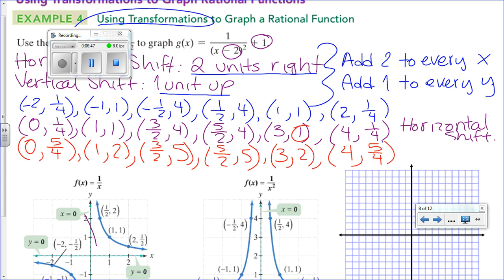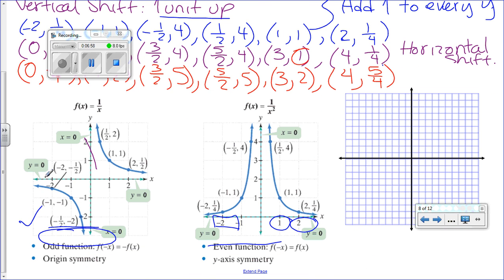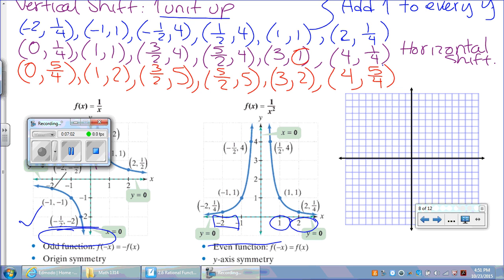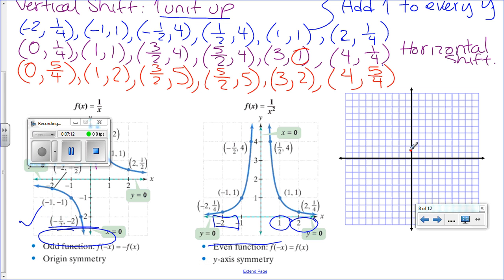Now, based on that transformation, remember we do have two transformations, a horizontal shift of 2 units to the right, and a vertical shift of 1 unit up. So based on that, I'm going to go ahead and plot my points, and that will give me the transform function. So we start with 0, 5/4. Somewhere there.